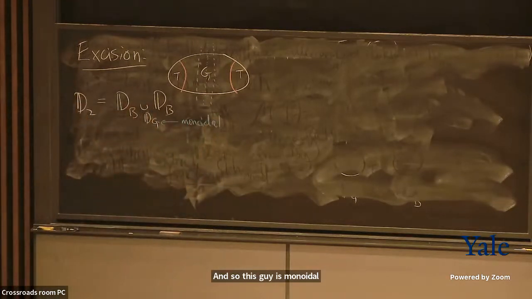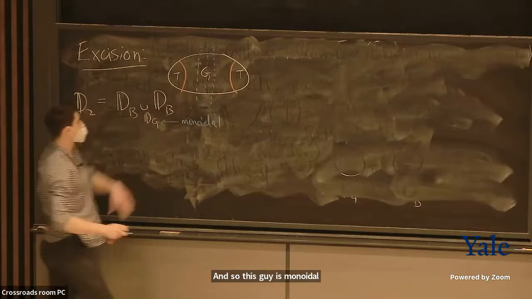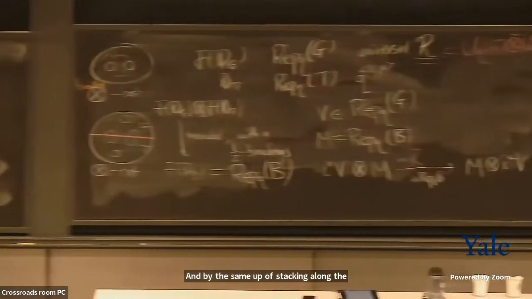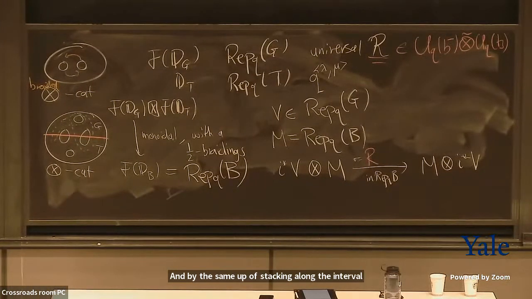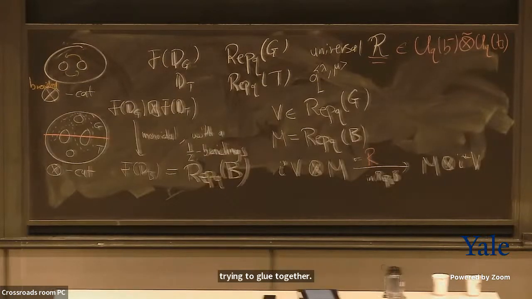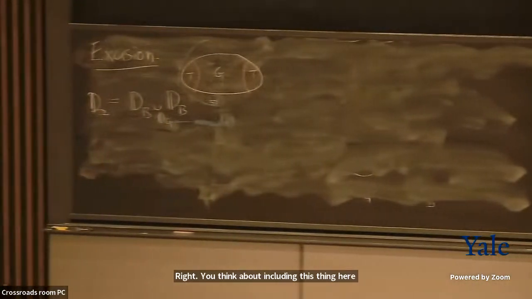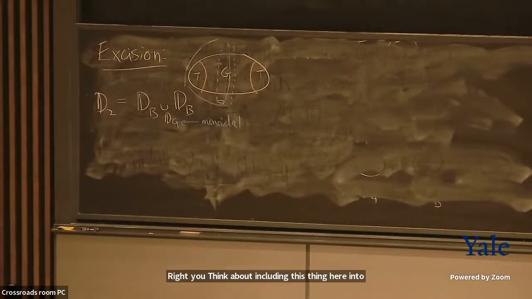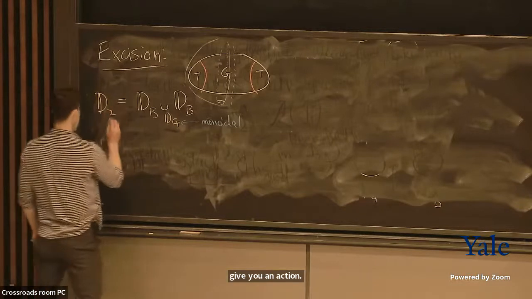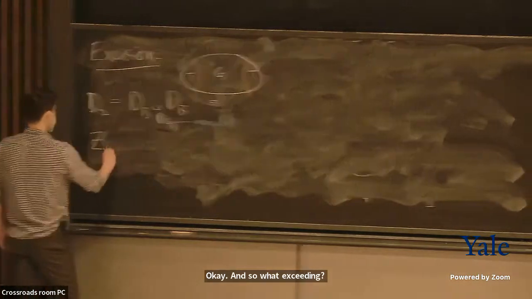By the same argument, this monoidal category acts on the categories associated to the two surfaces we're trying to glue. If you include this piece into that piece, applying the functor gives you an action.